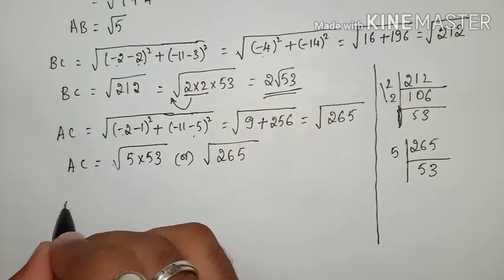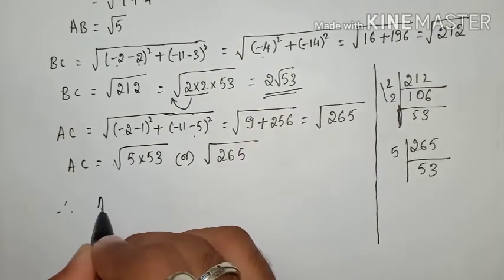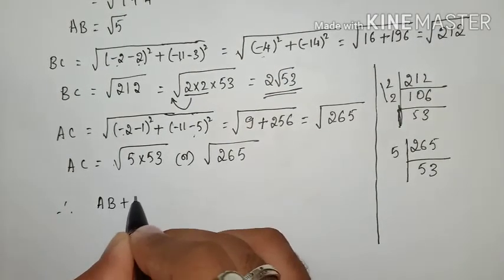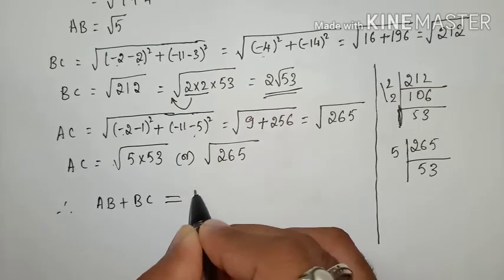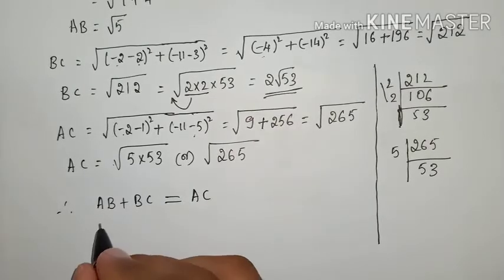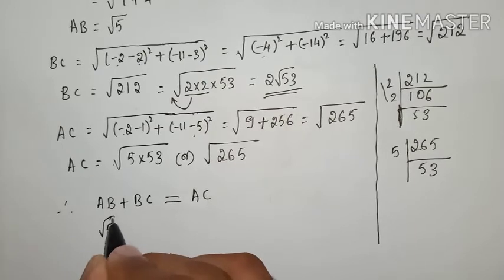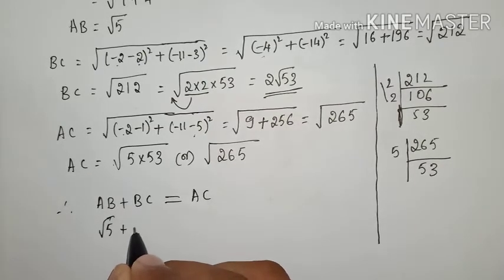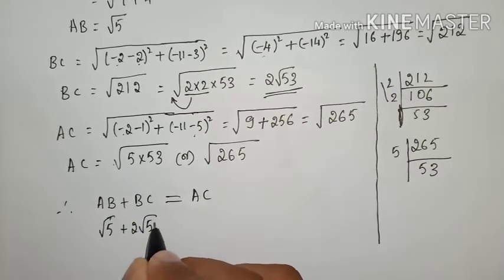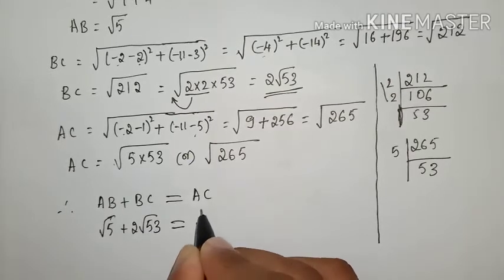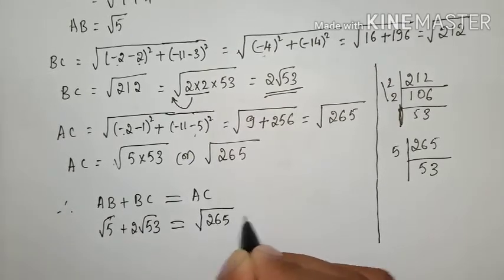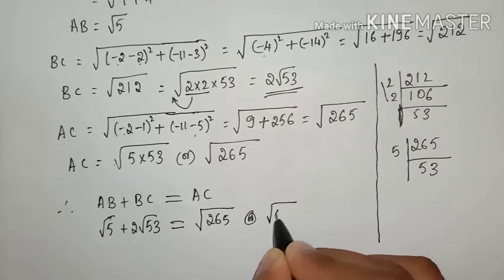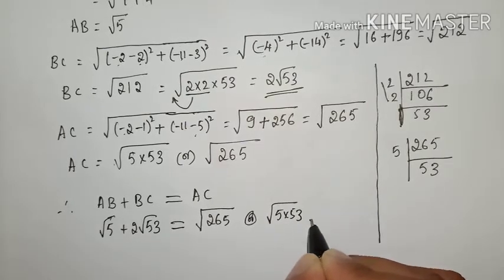Now observe, according to the question, AB plus BC must be equal to AC. AB is how much? Square root of 5, plus BC is how much? 2 root 53. Is that equal to root 265 or root 5 into 53?